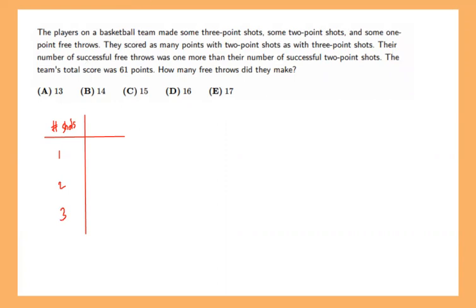Since we are told they scored as many points with the 2-point shots as with the 3-point shots, if they have the same number of points, the number of shots will be inversely proportional to the point values of 2 and 3. Which means, let's say we have 3x shots with 2 points, and 2x shots with 3 points. In total, that will be 6 points each to make the same number of points, okay?